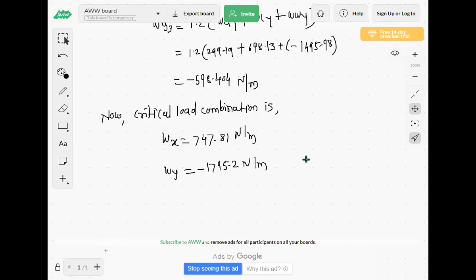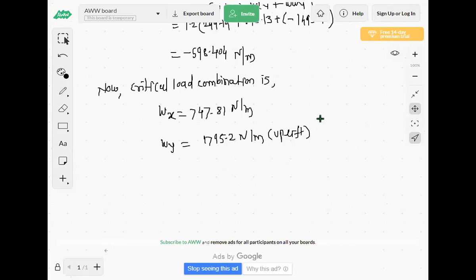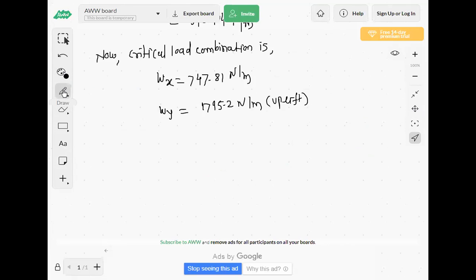If we do not consider this sign, then no problem. This will be only uplift. So this is step number 5 over.